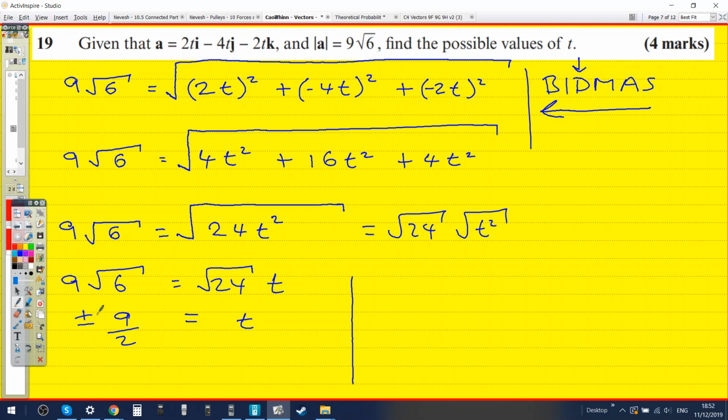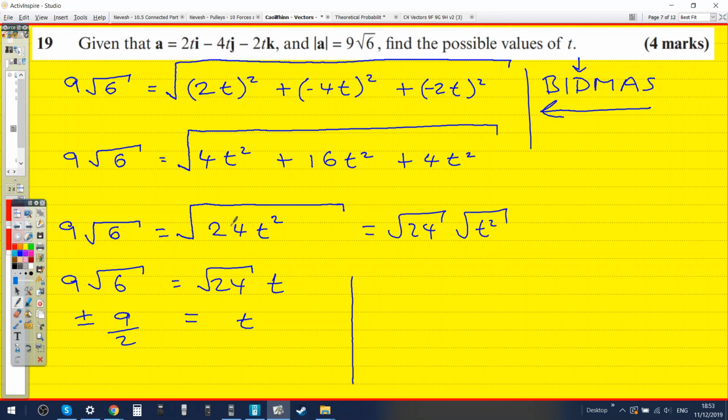I think you were just confused because first you squared both sides, and that's fine, but then you square rooted both sides, and so that just goes back to where you were again, because they're the opposite of each other. 24t squared can be split up, so it can be root 24 root t squared.